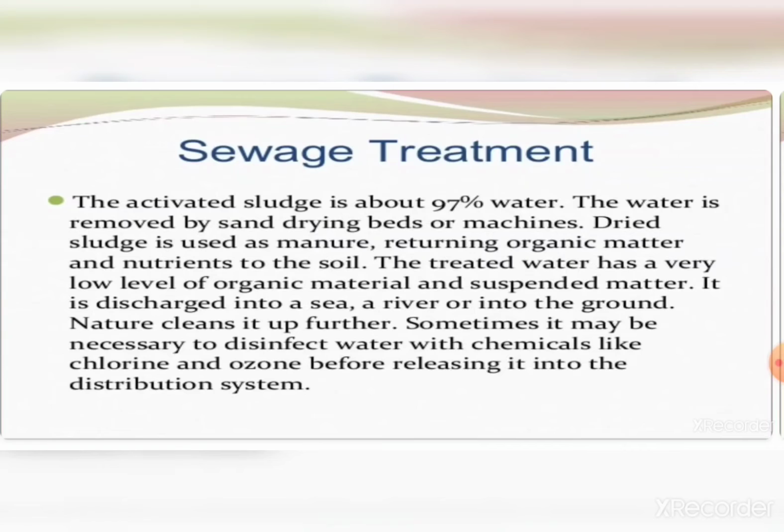It is discharged into a sea, a river, or into the ground. Nature cleans it up further. Sometimes it may be necessary to disinfect water with chemicals like chlorine and ozone before releasing it into the distribution system.